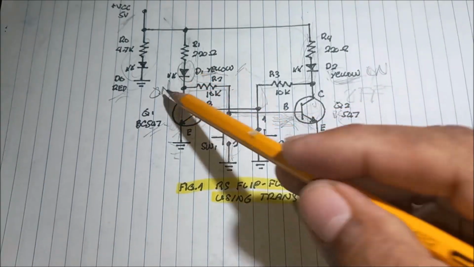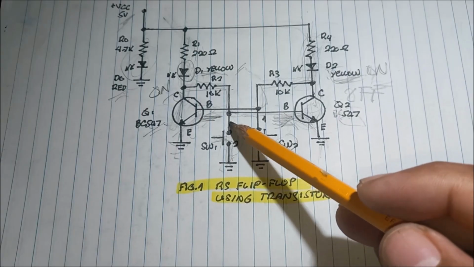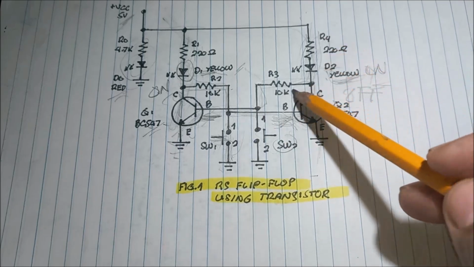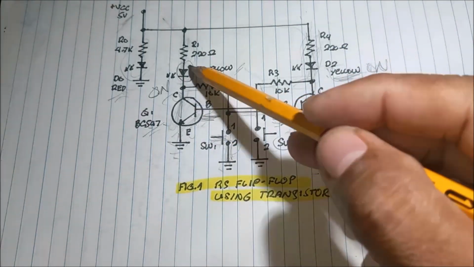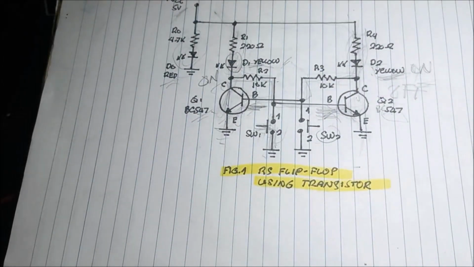So this one now turns on when I press this. So every time I press this switch, it will not affect this yellow.